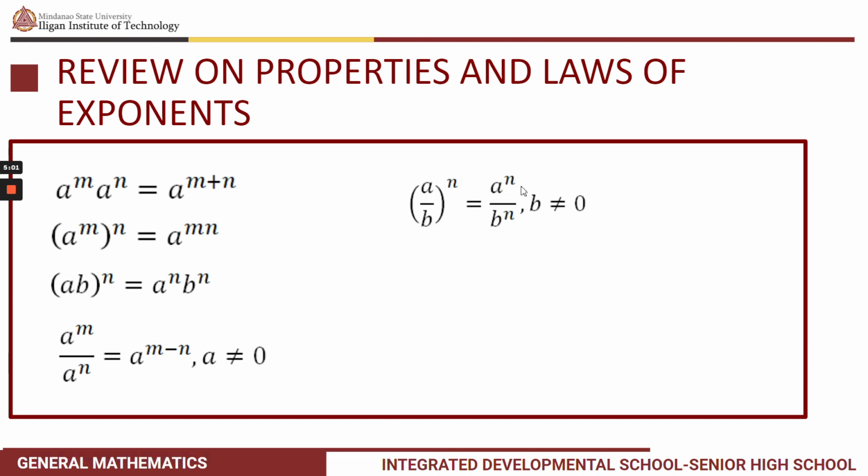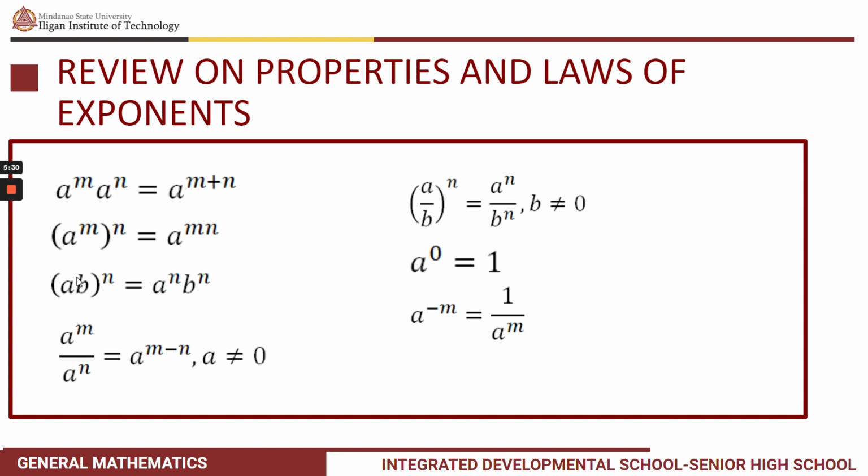This one is somewhat similar to the third one. This is division, so you also distribute the exponent. Any number raised to 0 is equal to 1. Then, a raised to negative m is equal to 1 over a raised to m. So when our exponent is negative, it becomes the reciprocal, raised to the positive exponent.